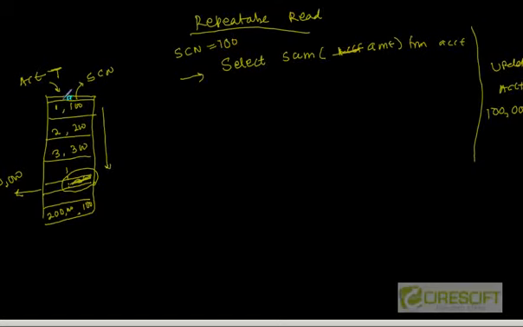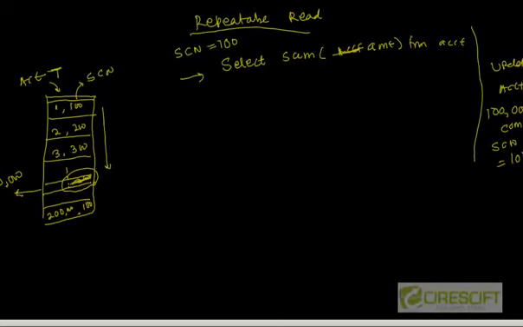That means all these blocks will have 100. But while this is going on, this update happened, and then let's say this guy commits. At commit time, remember, we are going to generate a new SCN. Since the SCN was 100 before, let's say it is 101 now.